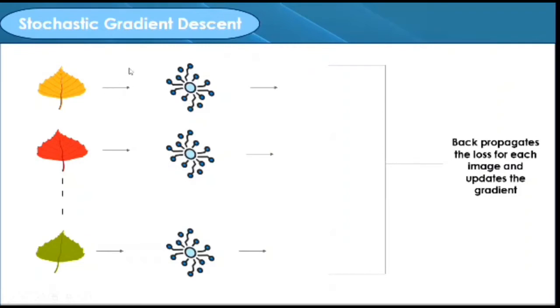Now when it updates the gradient, it reads the second image. After reading the image, it back propagates, calculates the error with the updated gradient, and again updates the gradient for this particular record and goes ahead onto the next sample. Similarly, it will perform this for all of the individual samples. This is what is done in stochastic gradient descent.